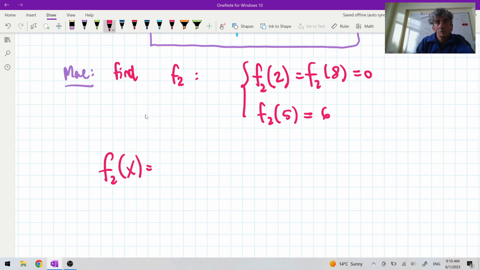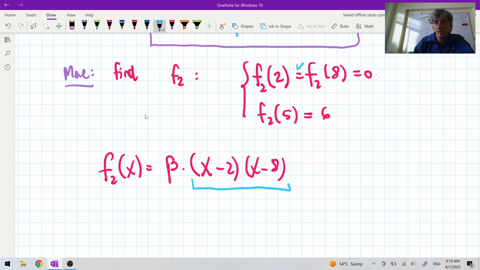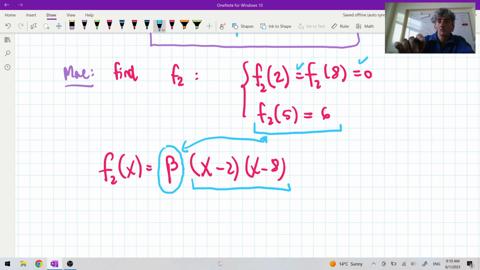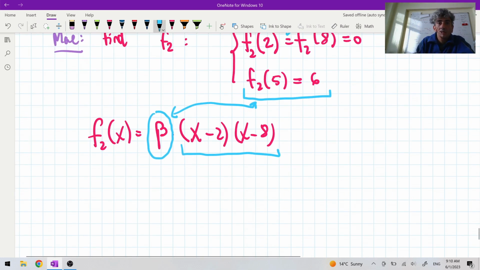This will be of the form beta times x minus 2 times x minus 8. So this will guarantee that when we plug in 2 and 8, the polynomial will vanish. And now beta has to be chosen so that this condition is met. And how to choose beta? That's simply just plug in 5 and demand it to be 6.